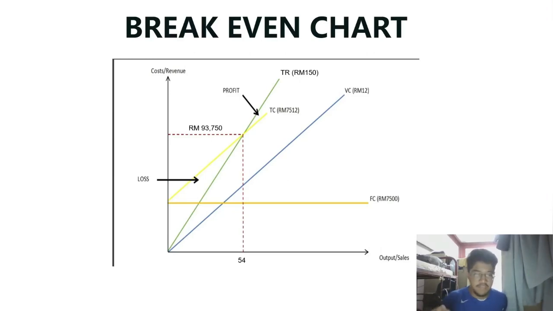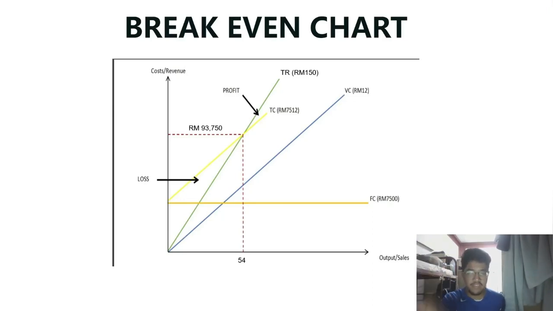As you can see, there is a red box that shows how much it costs to produce 54 units, which is around 93,750 ringgit, just like before. If any of the lines end in the box, it counts as a loss.